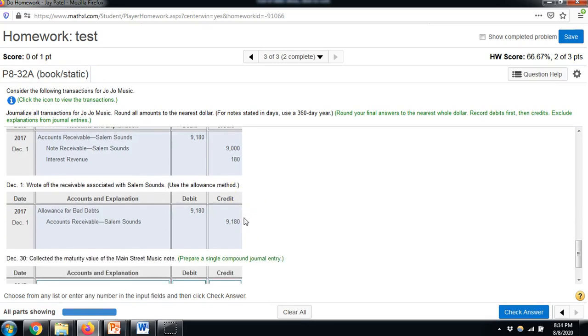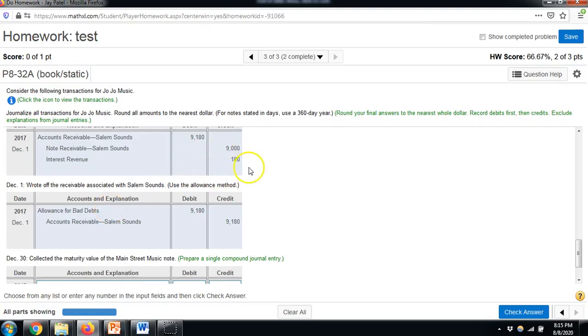If your company is doing an honest job of adjusting for this allowance for bad debt, this will eventually be adjusted for when you do that bad debt expense at the end of the year, because this allowance for bad debt is going to have an unadjusted balance, and when you do your calculations to figure out how much your allowance for bad debt account should be based on expectations, you will likely have to take an expense in order to get it to that target, since you've been writing stuff off during the year like this.